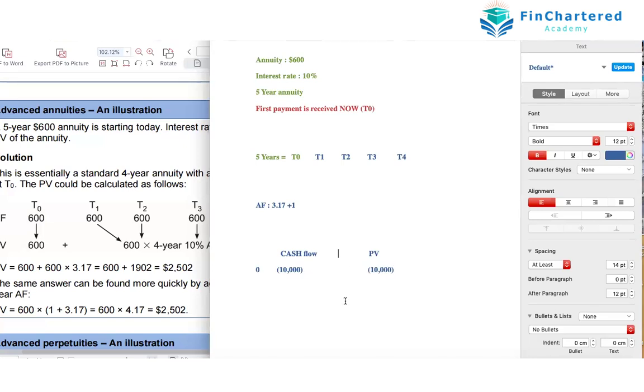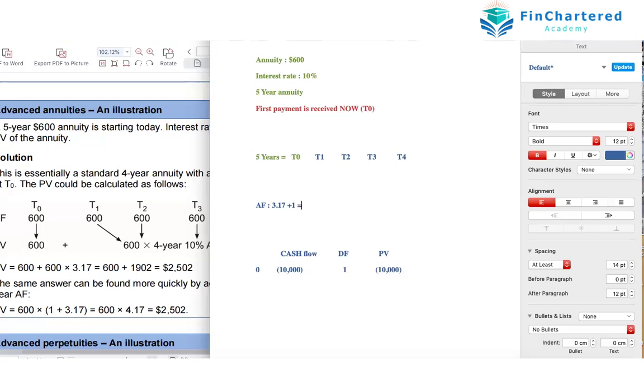So I told you yesterday in the last class that the discount factor for any cash flow at time 0 is always 1. 10,000 into 1 is 10,000. Is everybody able to hear me properly? There's no disturbance. Just confirm, please. Clear? Yes? Okay.